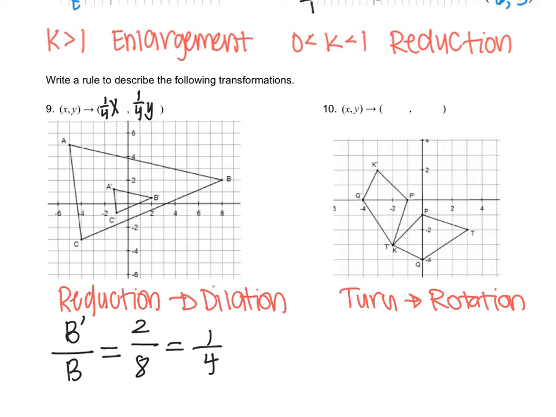So I'm going to use point T. The original point T is at (3, -2), and my new point T prime is at (-2, -3). So we want to look through our rotation rules and figure out what rotation we have.